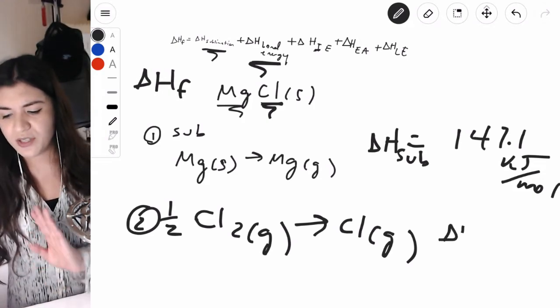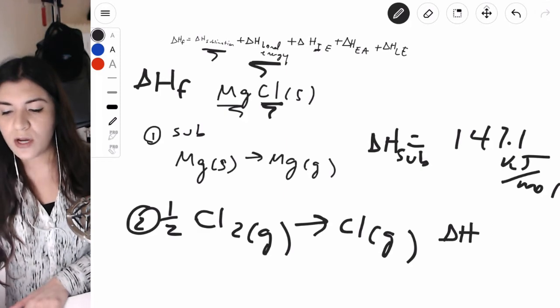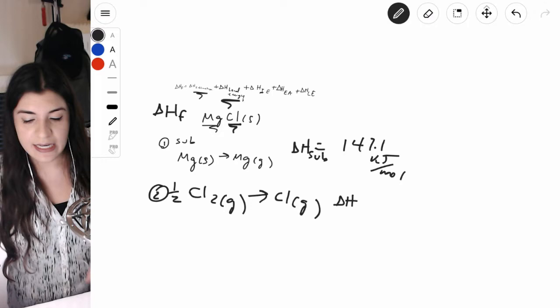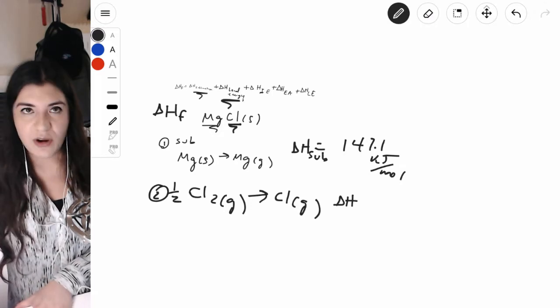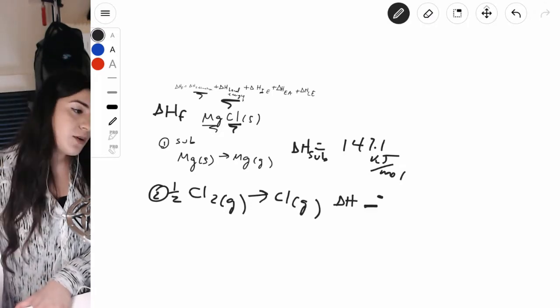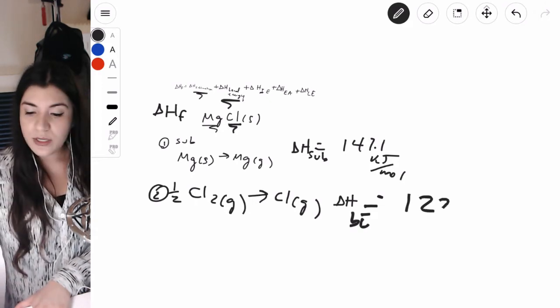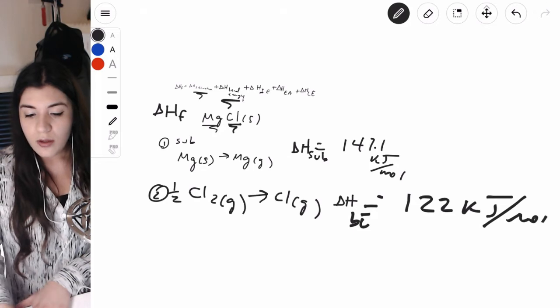Before I do anything to the enthalpy, I'll leave that for now and explain what to do later. That's balanced, and they would have given me the bond energy as 122 kilojoules per mole.